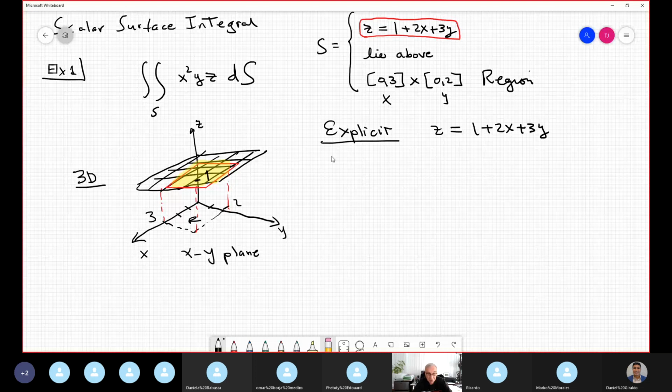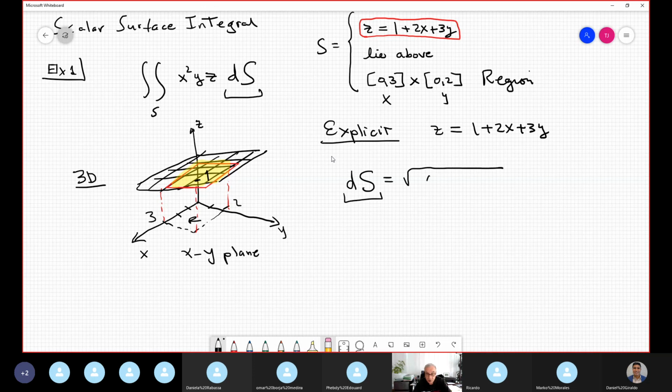I know the formula: ds is the same as the square root of fx squared plus fy squared plus 1 dx dy. And you compute that.